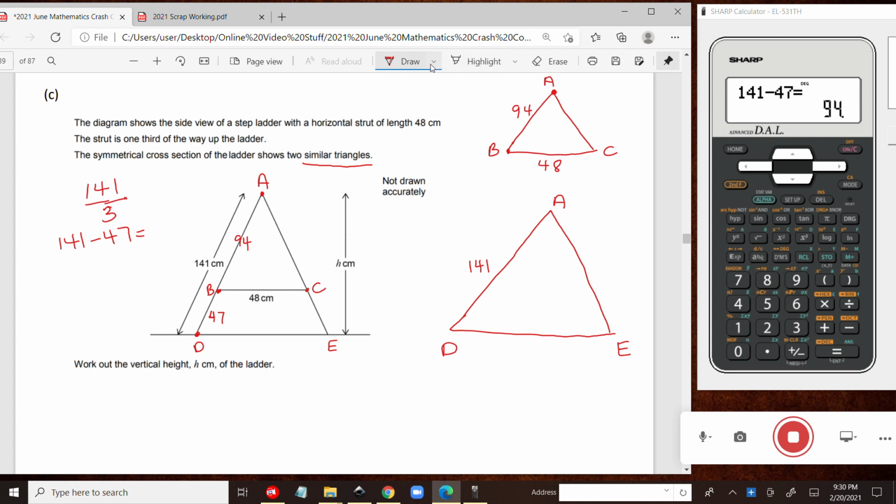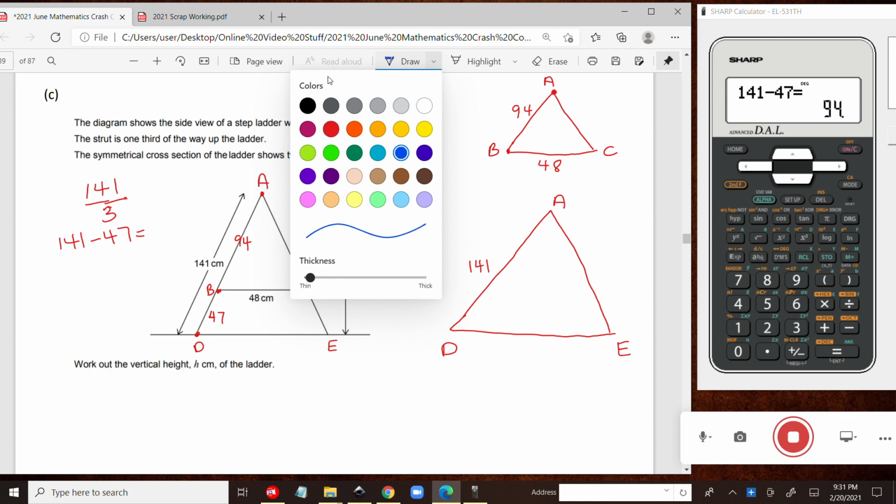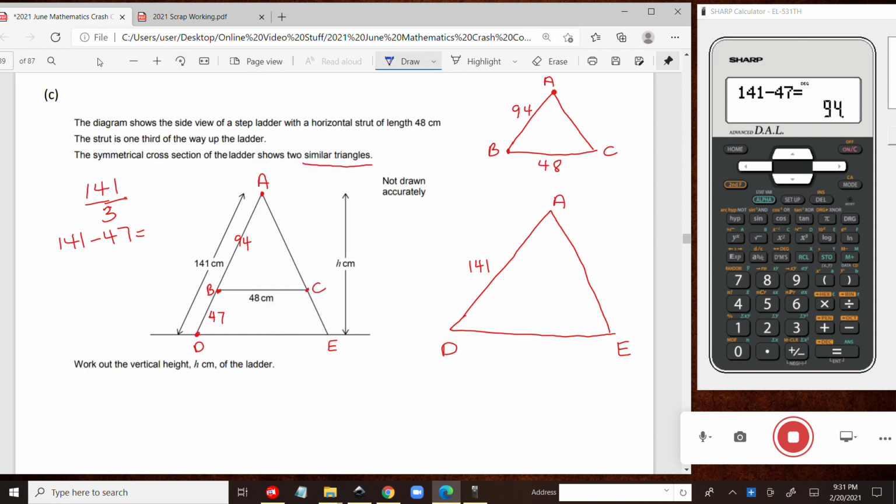Let's find the corresponding sides. It's like this small triangle grew up to be this big triangle. So there's something called corresponding sides, which will be explained in the suggested video. This side and this side correspond, and this side and this side correspond.